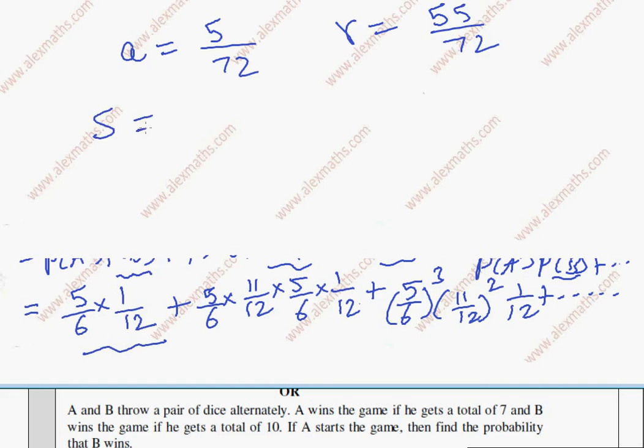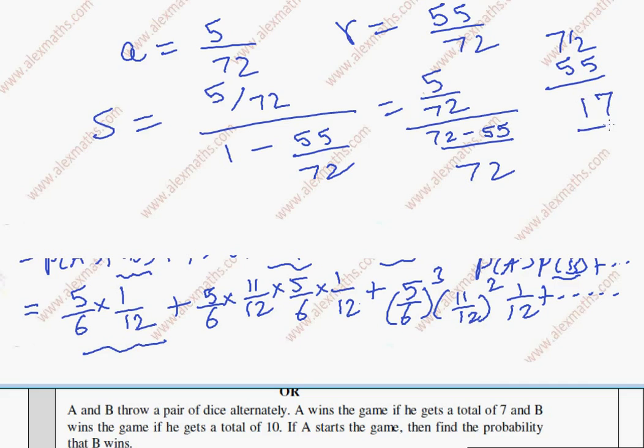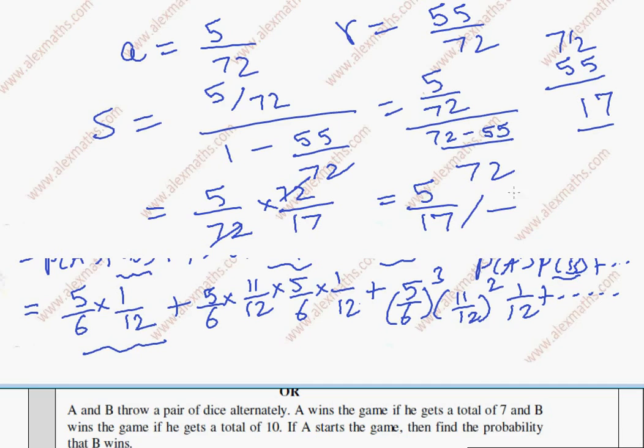So S is equal to A divided by 1 minus R. By taking LCM, LCM is 72, so 72 minus 55, 17 is remaining. So 5 by 72 into 72 by 17, the answer is 5 by 17. So if A starts first, the probability that B wins is 5 by 17.